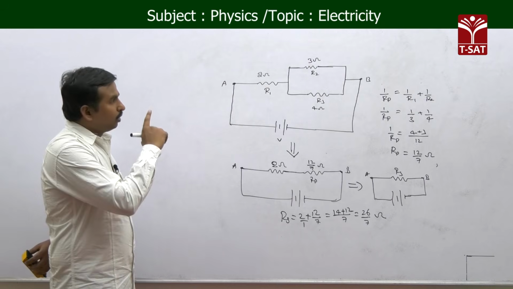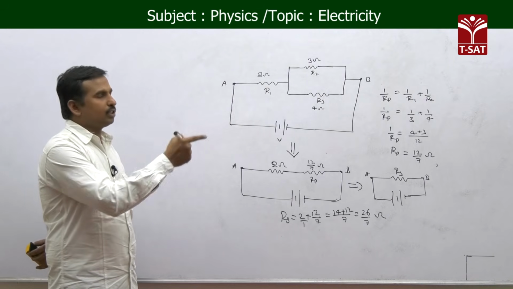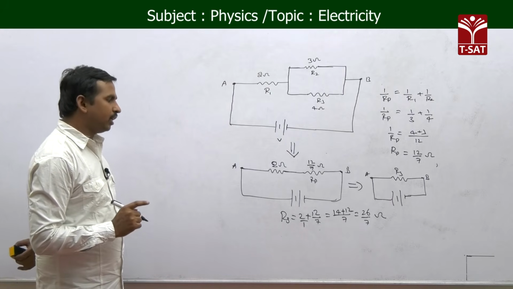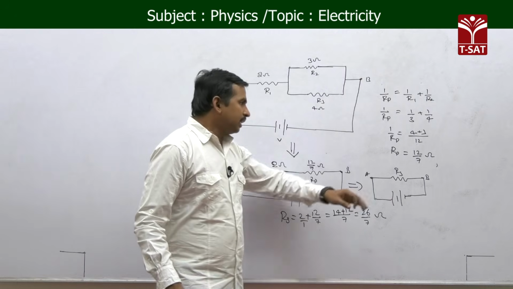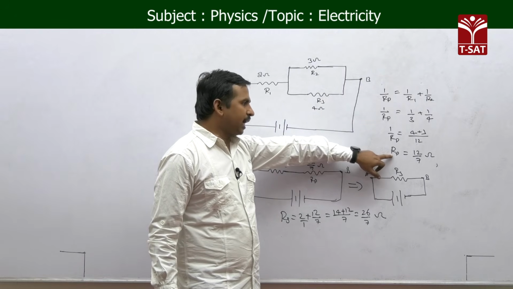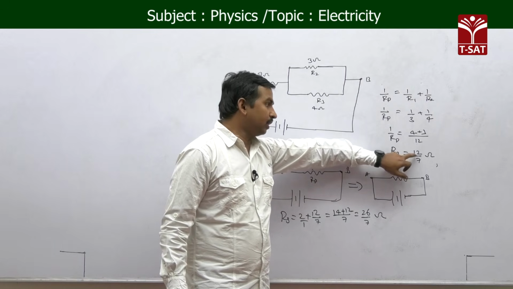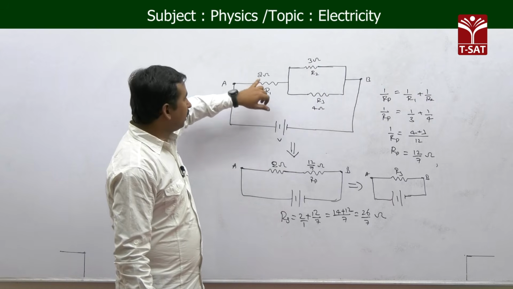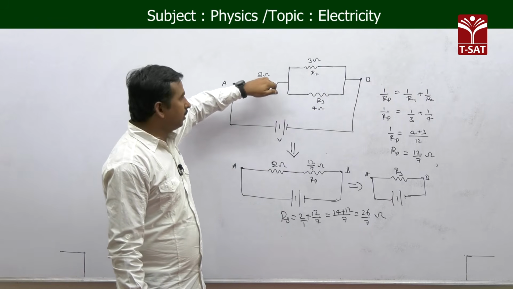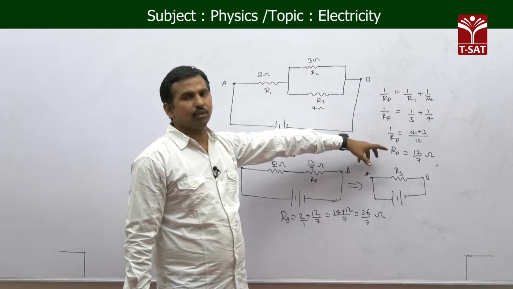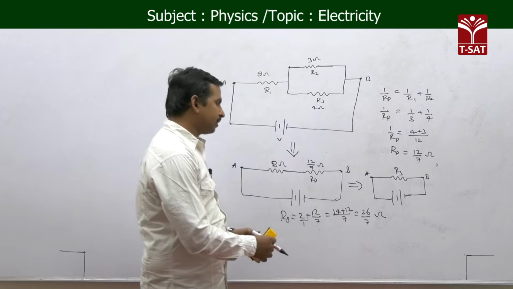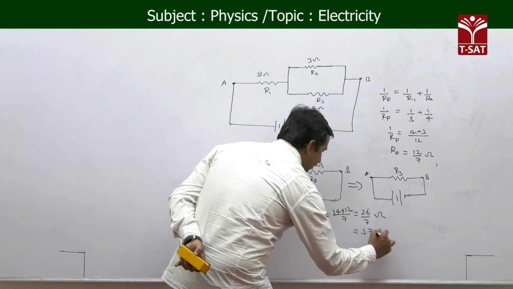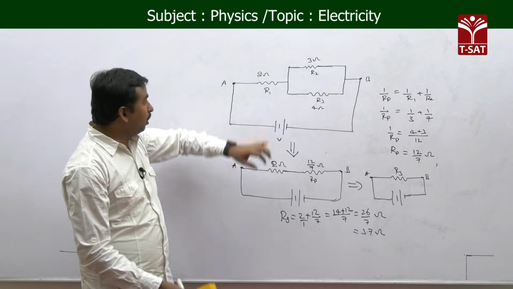Here, two resistances are in parallel, and that parallel combination you can then take in series. If you see the value, 12 by 7, which is 1 point something, it is less than both 3 and 4, as is the case for parallel connection. And when you add the series one, 2 plus that, we get a more value. 26 by 7 means we get 3 and 0.7, approximately 3.7, which is more than 2 ohms.